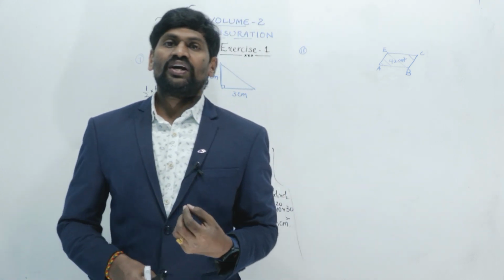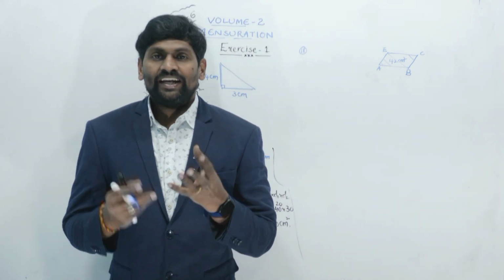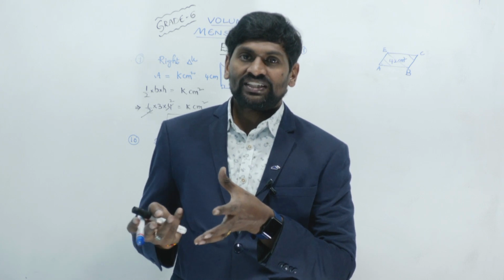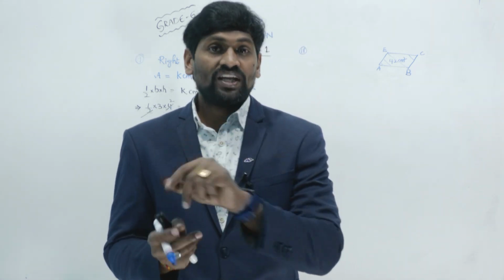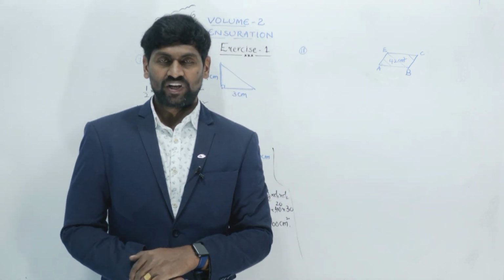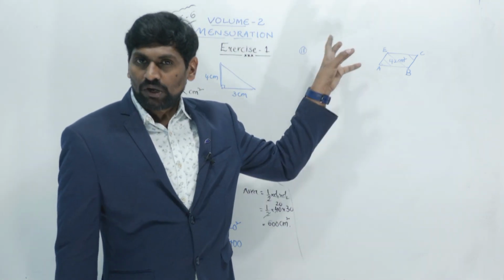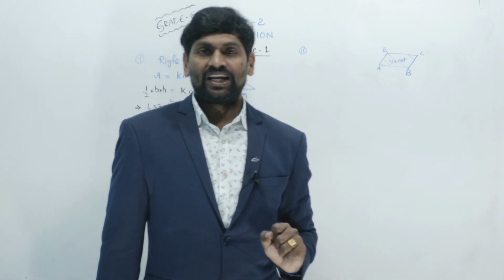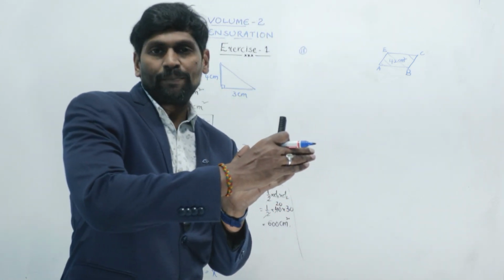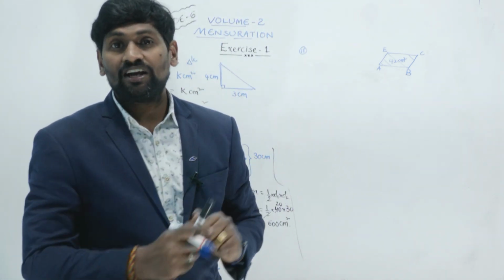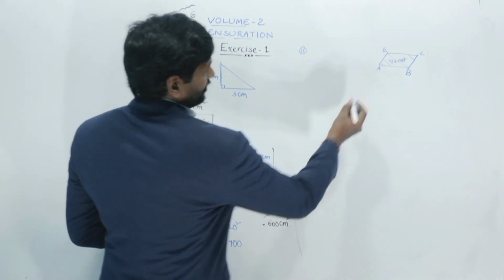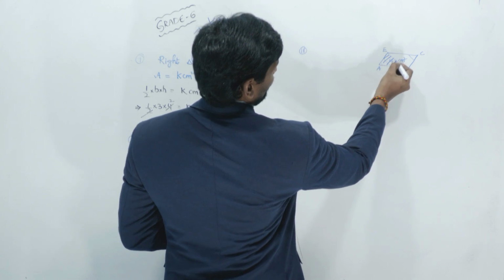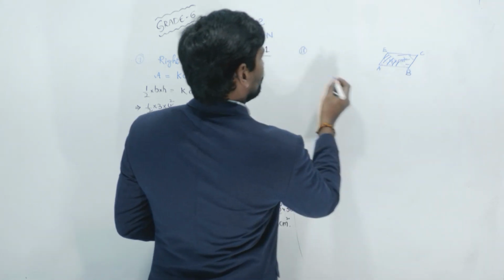Congruent is nothing but any two figures or more than two figures having same shape and same size, then the figures are said to be congruent. Same way, when you draw one diagonal to the parallelogram, the diagonal divides the parallelogram into two equal areas. So that means this 42 is dividing into two equal parts.